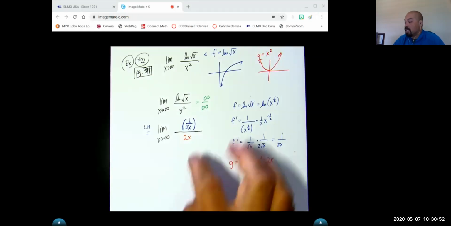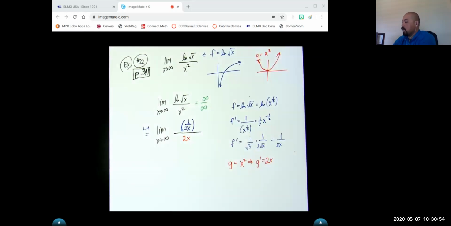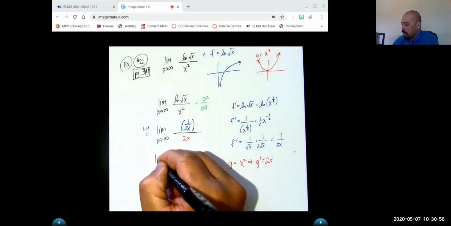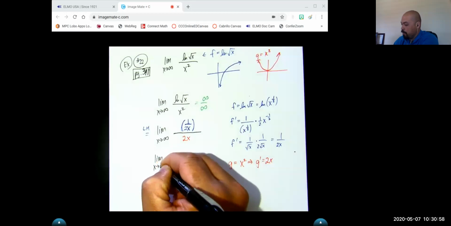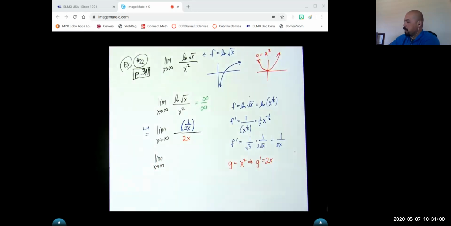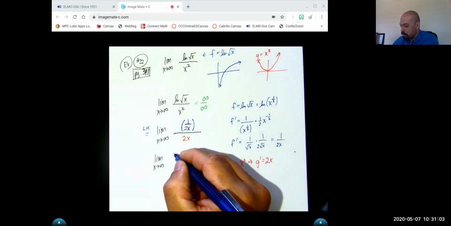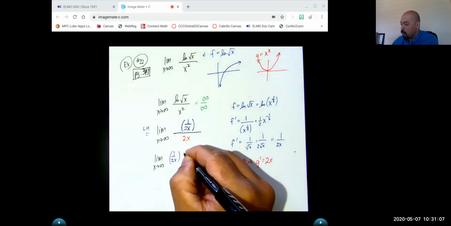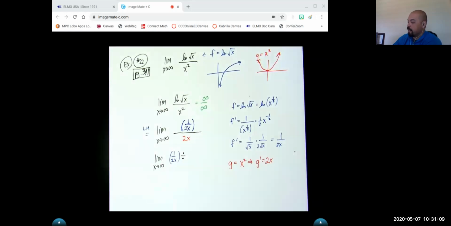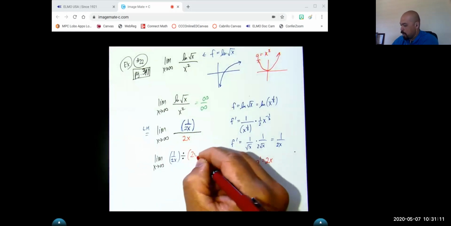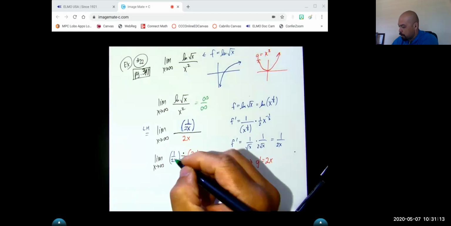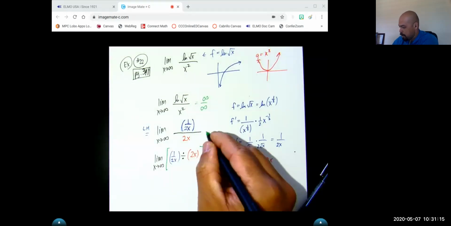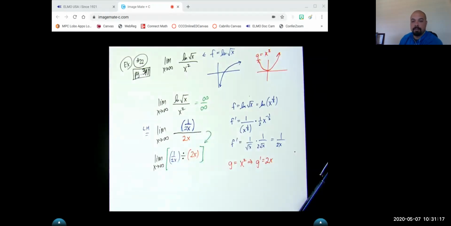And now we're taking this limit of this complex rational expression as x goes to infinity. Maybe a little redundant, but just to reinforce, we're taking that 1 over 2x and dividing it by that 2x. That's what that expression looks like.